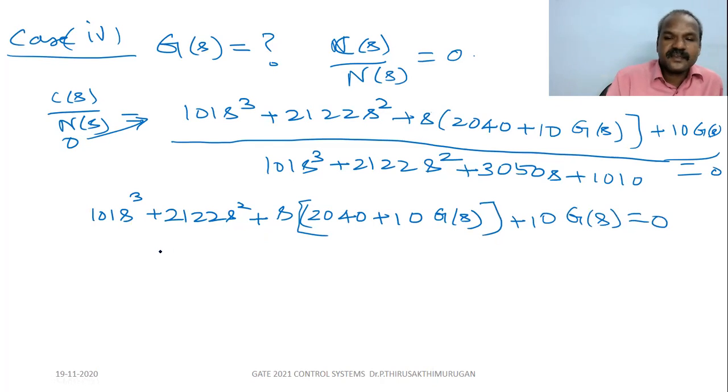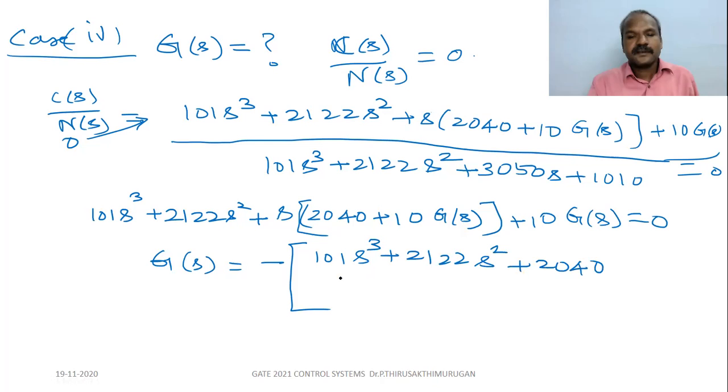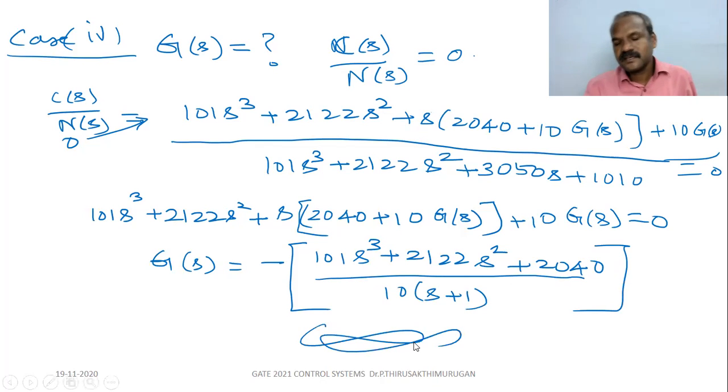So what is g of s? You simplify this expression, and you will get minus (101 s cube plus 2122 s square plus 2040 s) divided by 10 into (s plus 1). So this is the required transfer function for the condition.